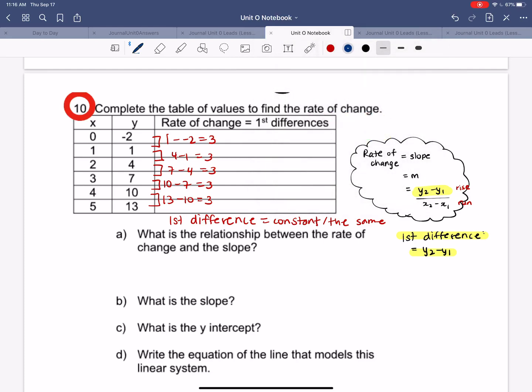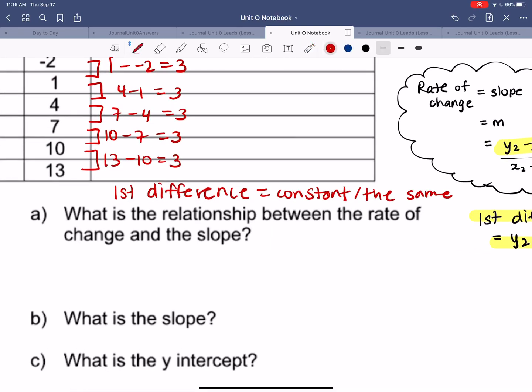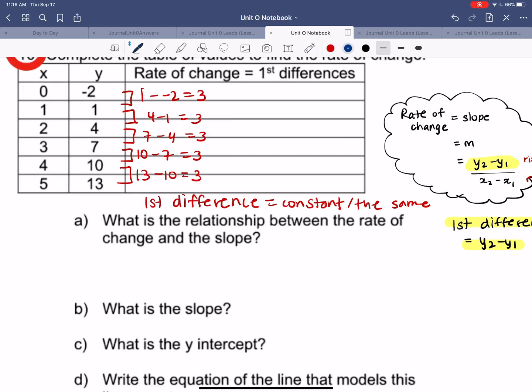So what is the relationship between the rate of change and the slope? Well, if they're defining rate of change as the first difference, the first differences are the same. So we'll just write it down: rate of change is equal to 3, versus slope.